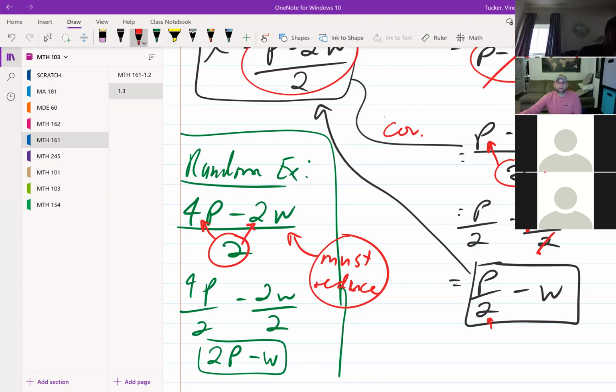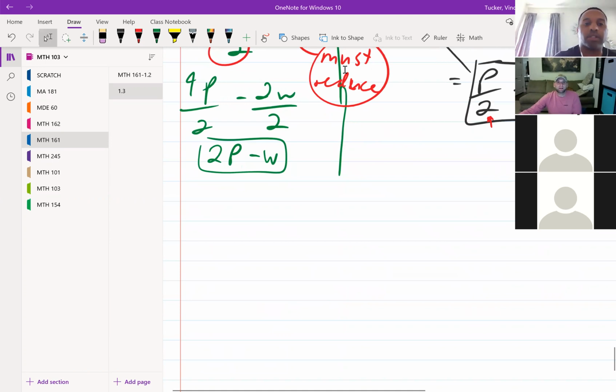Let's see if there's anything left. We do one more and then be done with it. All right, so we'll do this last one and then we'll be done.